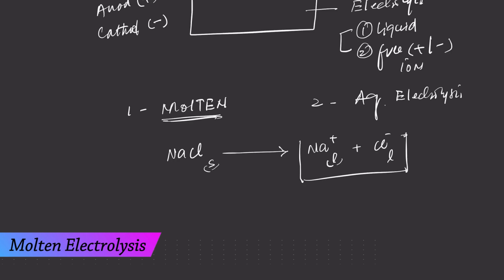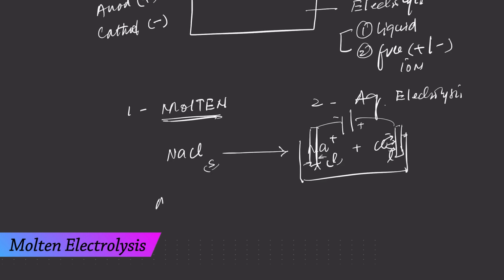When current is passed or switched on with the help of two electrodes, the ions run towards the different electrodes. Negative ions run toward the positive electrode, and positive ions move towards the negative electrode.